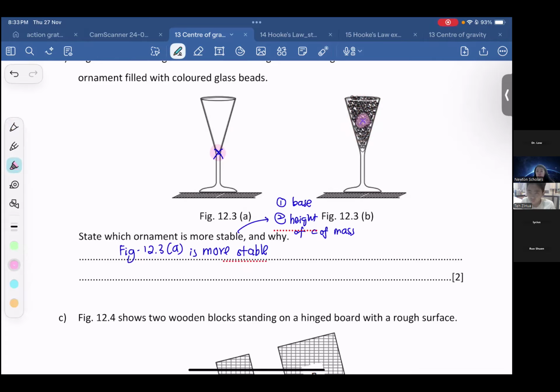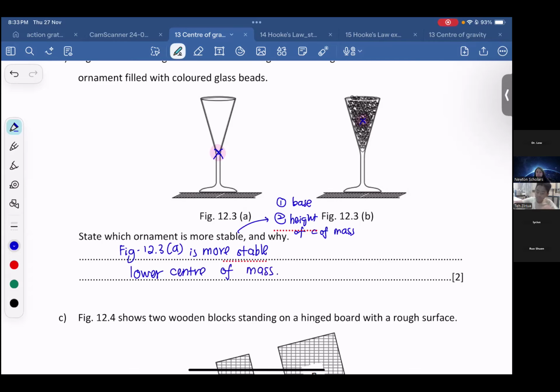Can you see that the second one is not that good in stability because it already has a higher center of mass. So the first one is more stable because of its lower center of mass.